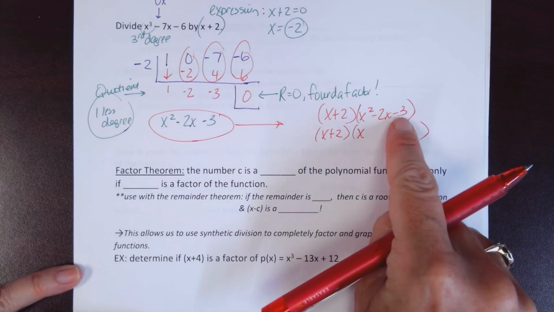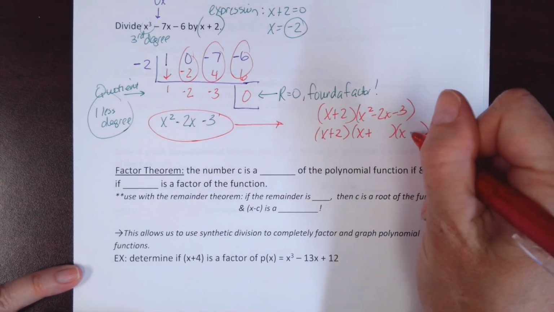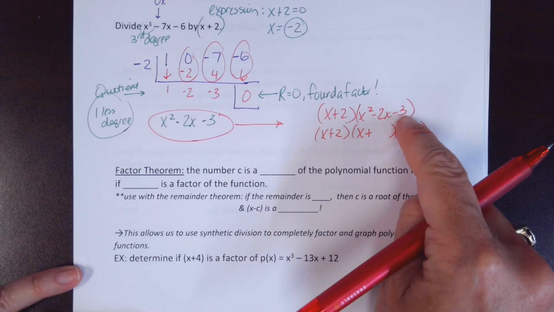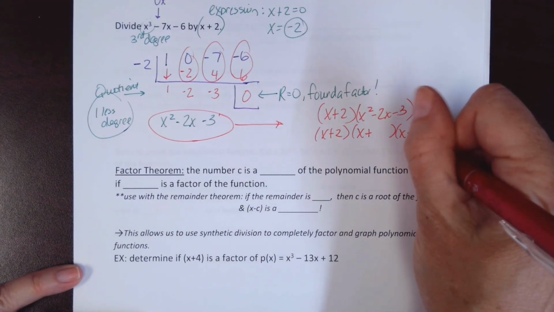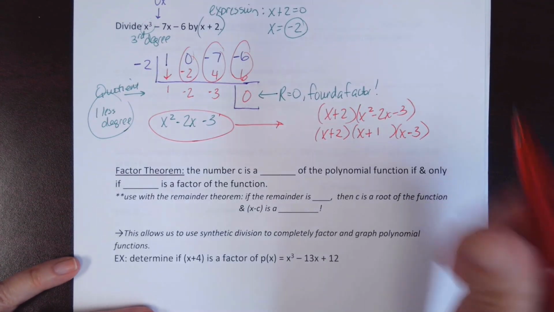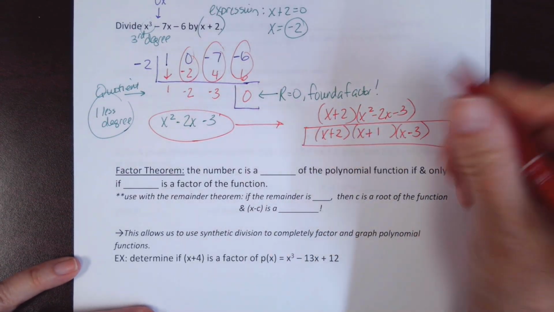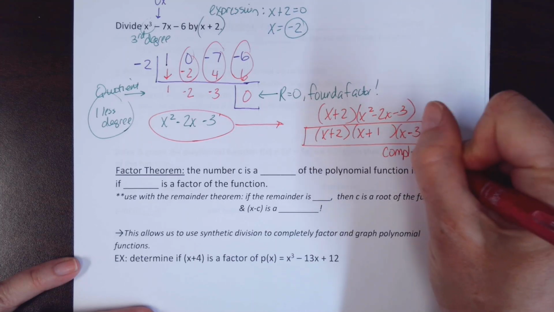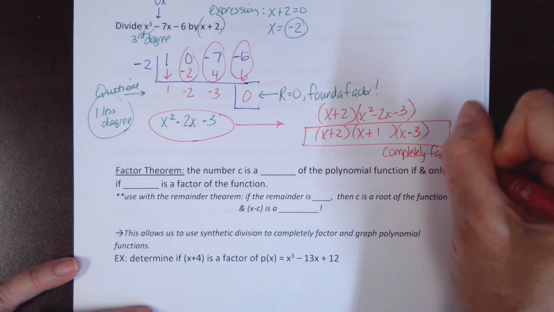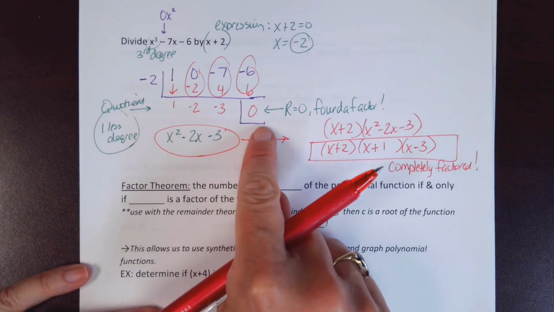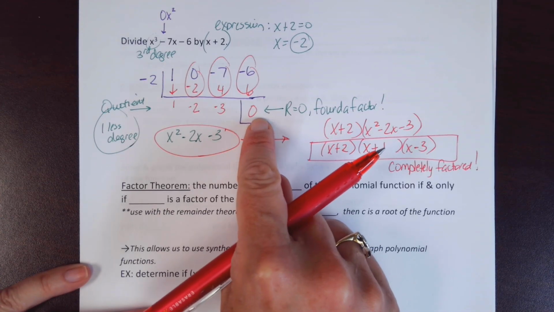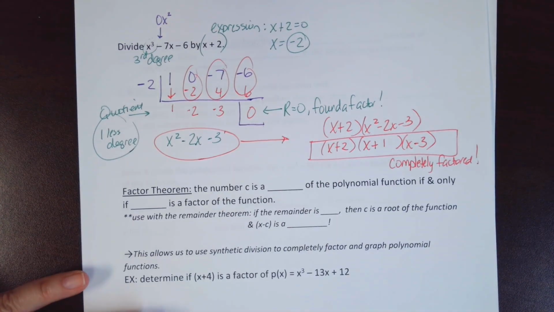My signs are going to be different because that 3 is negative, so I'm going to have a plus and a minus. 3 is prime, so it's got to be 3 and 1. I need the larger value to be negative, so I'm going to do a minus 3 and a positive 1. And I have managed to completely factor our polynomial expression. I completely factored it because I found a remainder of 0 that tells me that my divisor was a factor.